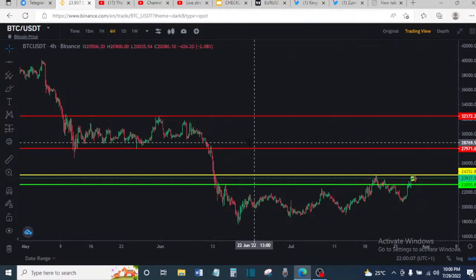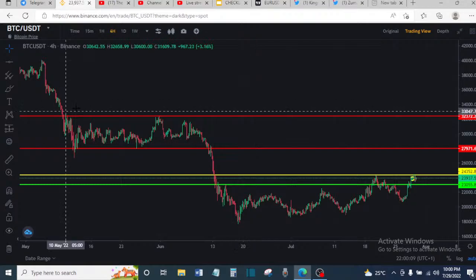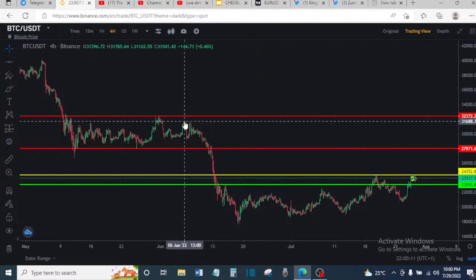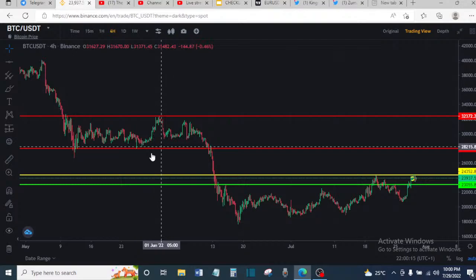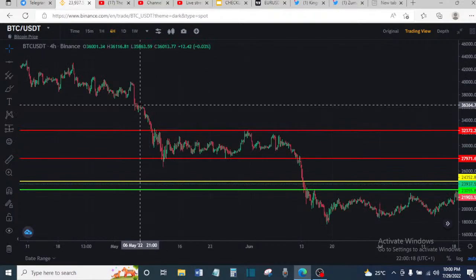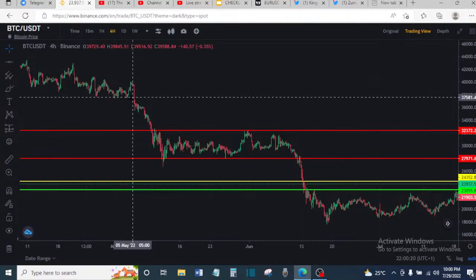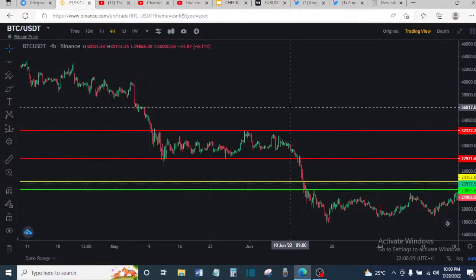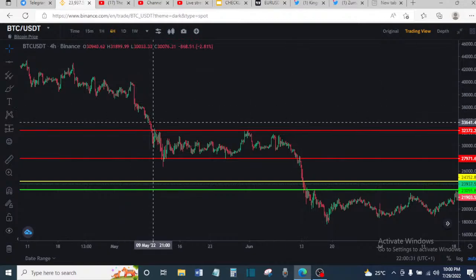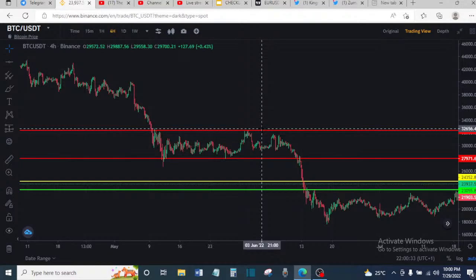Then we see how it's going to break this point. After breaking this point, we could still stretch up to this point here, which is around 37,000. I explained it yesterday, so it is possible. Bitcoin is owing this area. This area needs to be taken out.